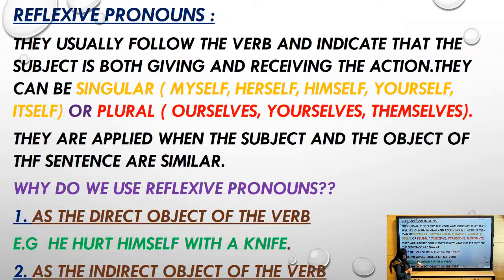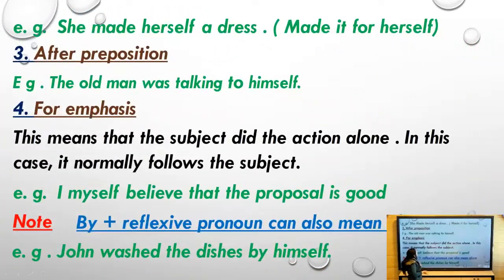So himself here is an object. Also, they are used as the indirect object of the verb. Example, she made herself a dress. So she made it for herself. Also here the subject and the object of the sentence are the same.